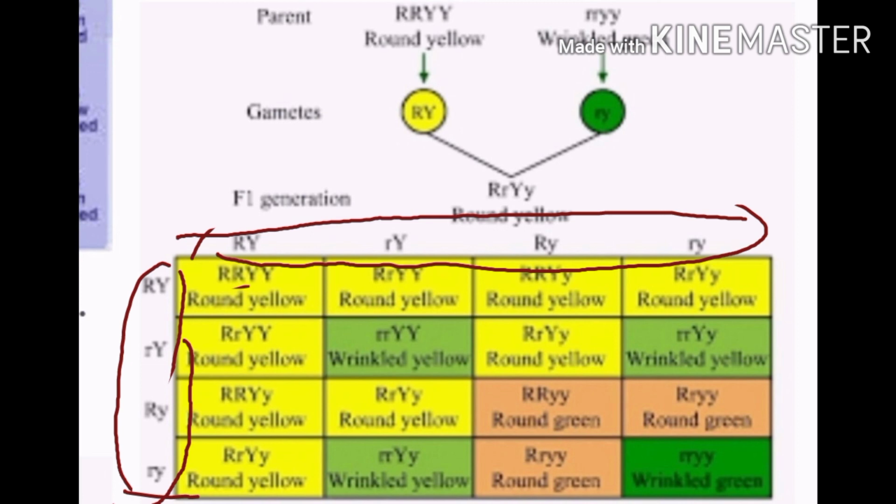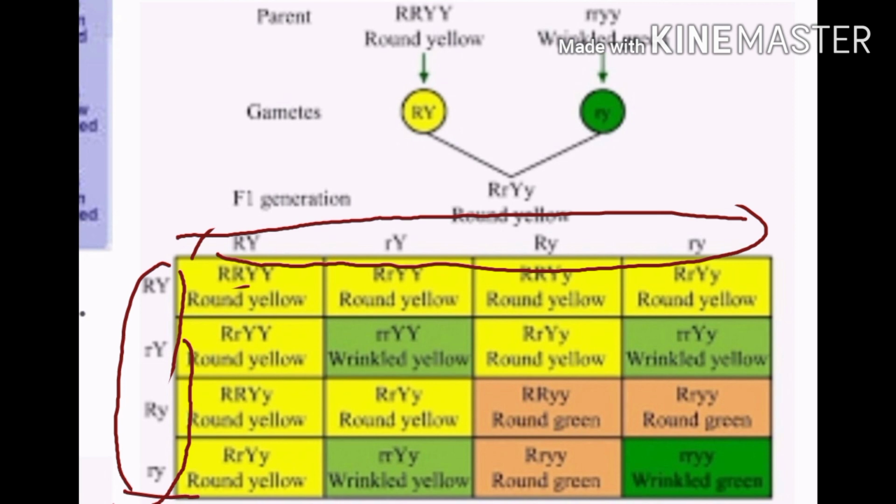The ones lying above the checkered board are of one parent and those of the other parent are lying sidewise. The gametes have the alleles of the genes of both characters: capital R capital Y, small r capital Y, capital R small y, and small r small y. The same you will find on the side for the gametes of the other parent.